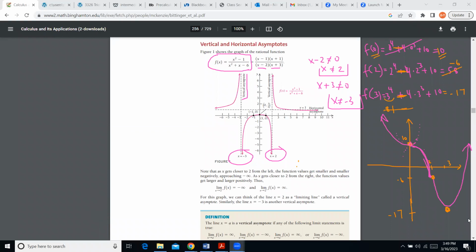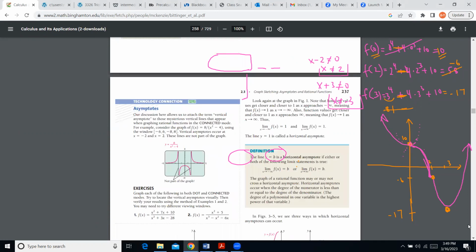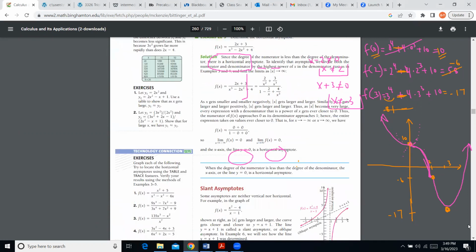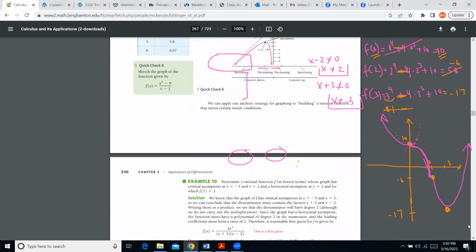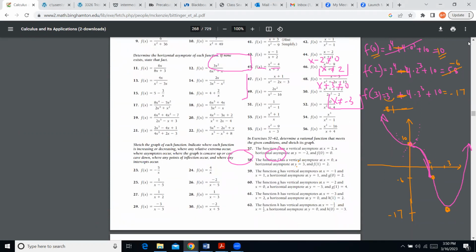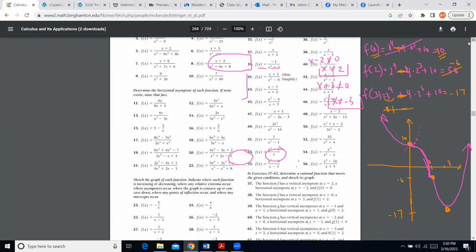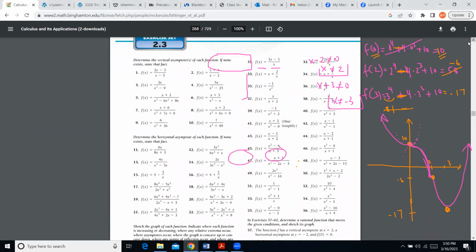So today I just want to start talking about this section. I just want to look at this vertical asymptotes idea. So let me do another exercise with finding the vertical asymptote. So I'm looking at section 2.3, and I can do a problem like exercise number 1.